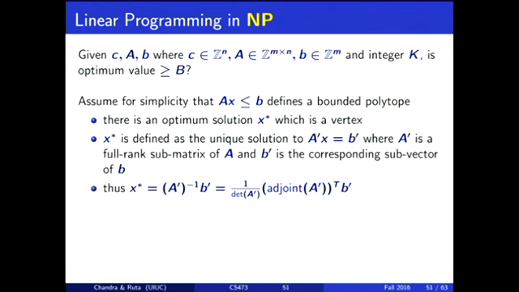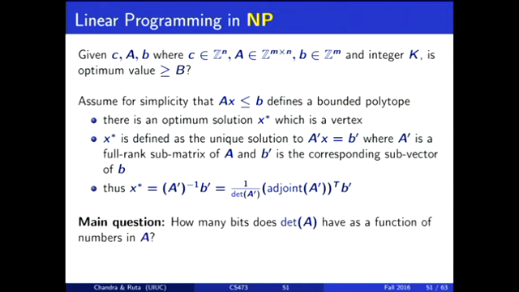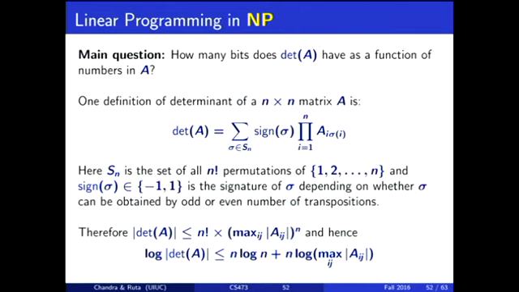For that, the main problem is how big the determinant can get. And you say, aha, what is the determinant? You can write it as a formula with an exponential number of terms.